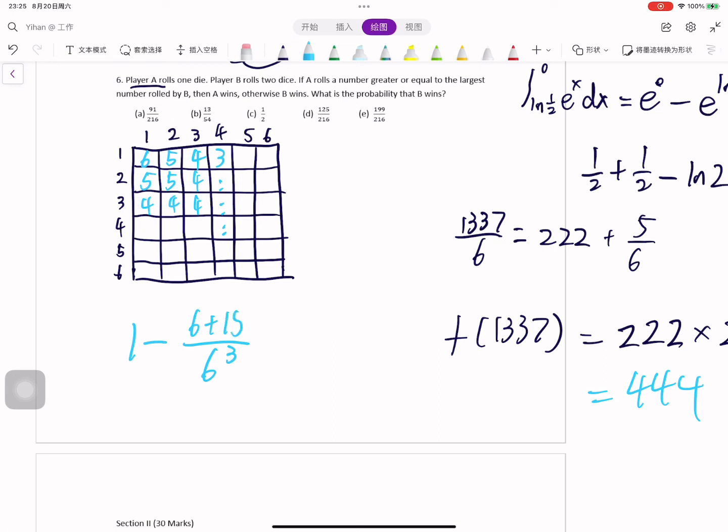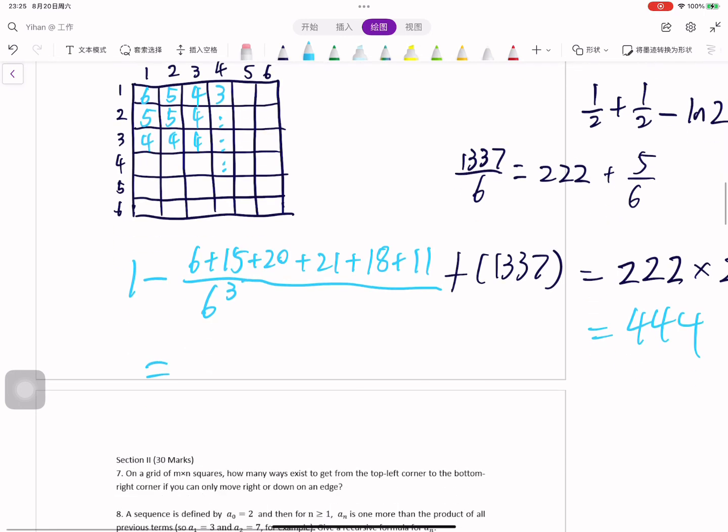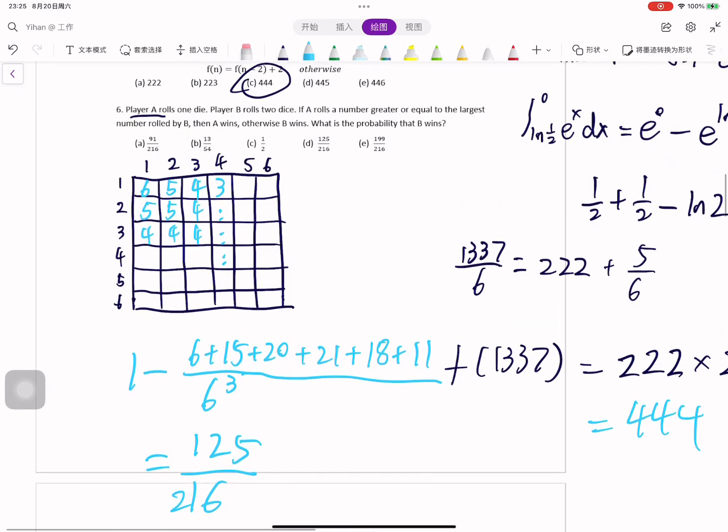They are 6 plus 15, 20, 21, 18, and 11. And the final answer is 125 over 216. And the answer is D.